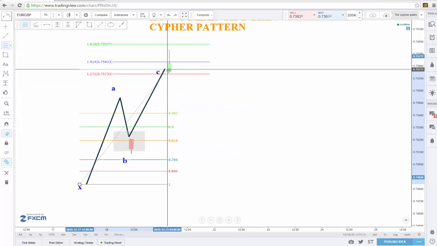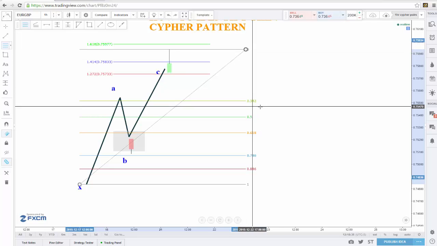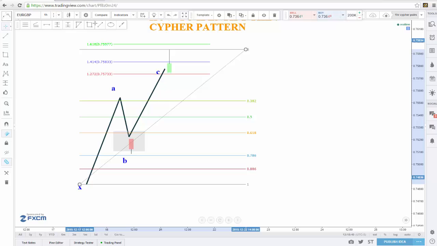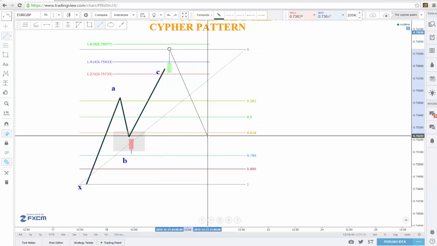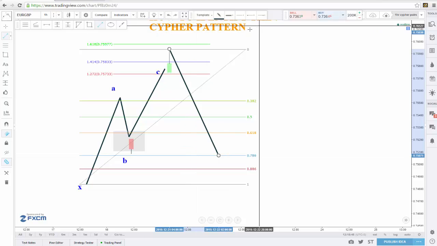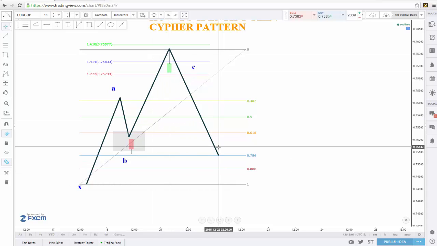So if this C leg had this candle here, then it would be X all the way up to the wick of that candle. And D is going to be the 786 retracement. And that's where my limit orders would be sitting if I was trading this cipher pattern.